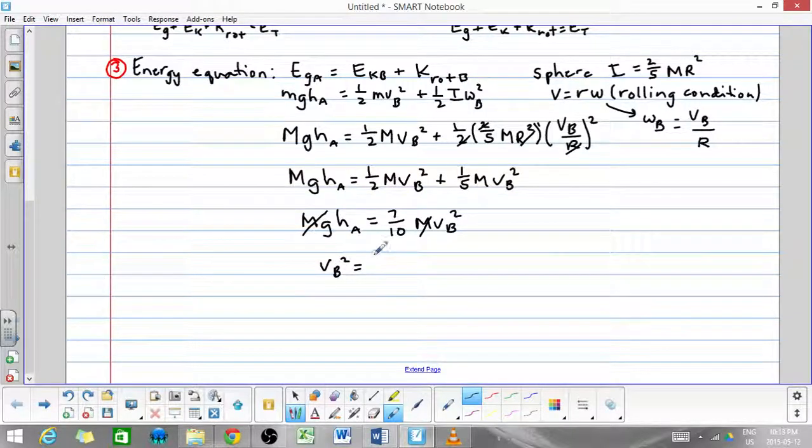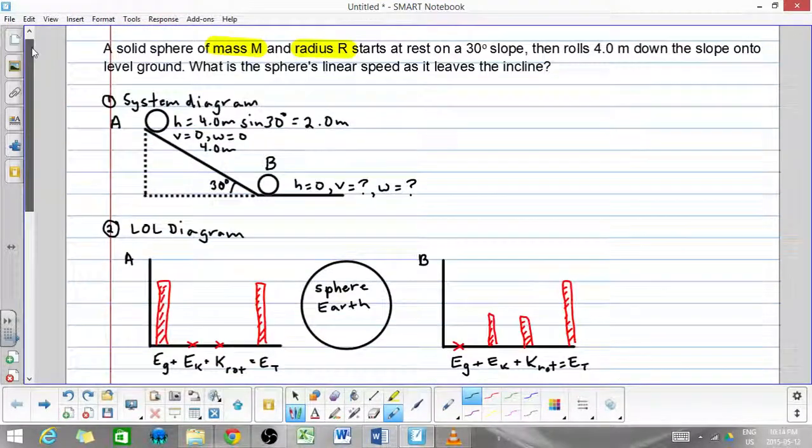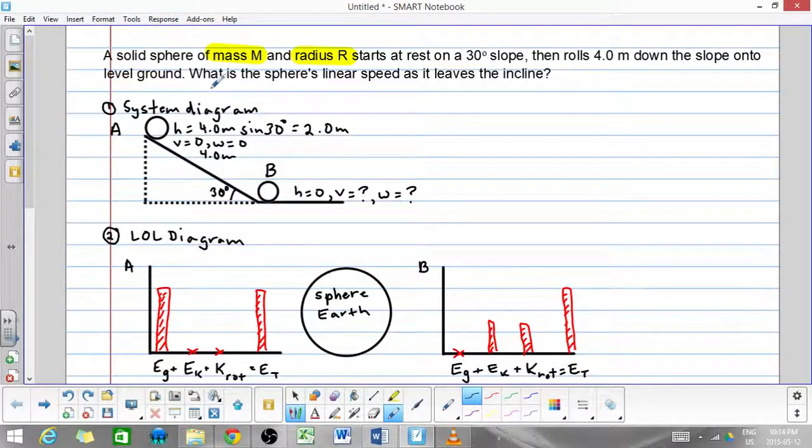VB squared will be g times the starting height, which we had found to be 2 meters, and then that's divided by 7/10. And if you solve that, VB comes out to be 5.3 meters per second, which was what we were trying to find.